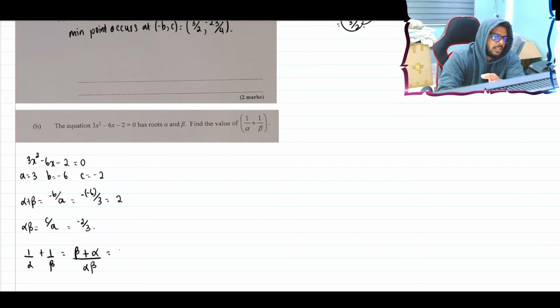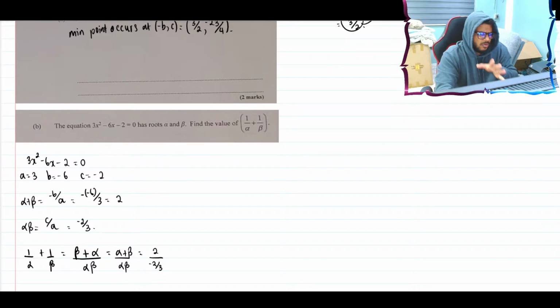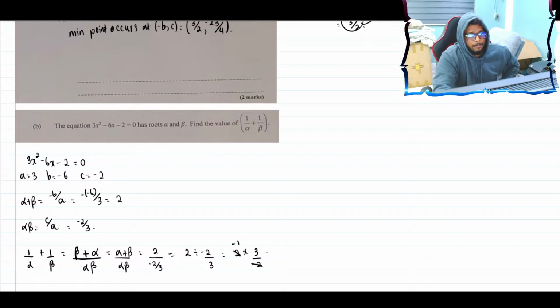Don't substitute yet. I recommend putting alpha plus beta over alpha beta. Alpha plus beta is 2 divided by minus 2 over 3. If it is still a little trouble to do this one, go back to primary school. 2 divided by minus 2 over 3 is 2 multiplied by 3 over minus 2. Bam bam, we get minus 1. And we get minus 3 as the answer.